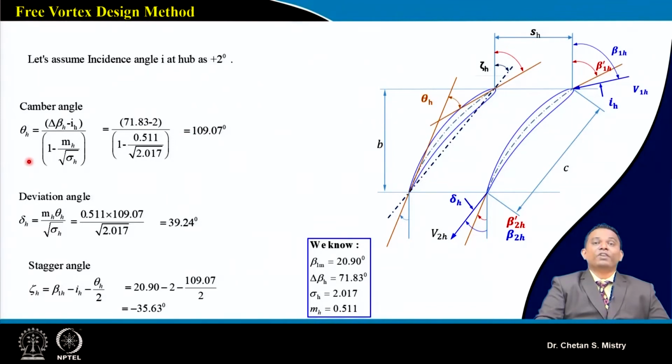Now once we know our camber angle, based on Carter's correlation we can calculate the deviation angle, that is m into theta divided by sigma, and that's coming 39.24 degrees. In the same way we can calculate our blade setting angle, or stagger angle, that is beta minus incidence minus theta by 2, and that's coming minus 35.63 degrees. So these are the calculations for my cascade parameters, or airfoil parameters, or blade parameters at the particular station, the hub.